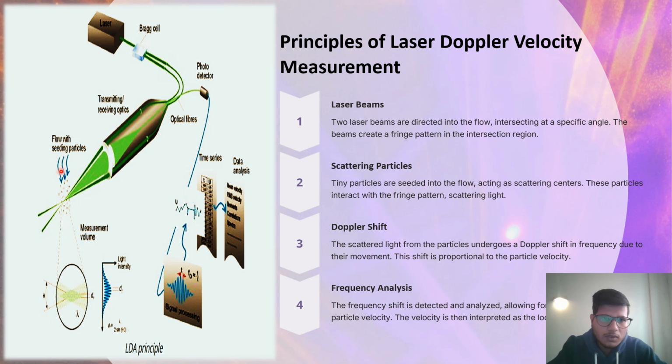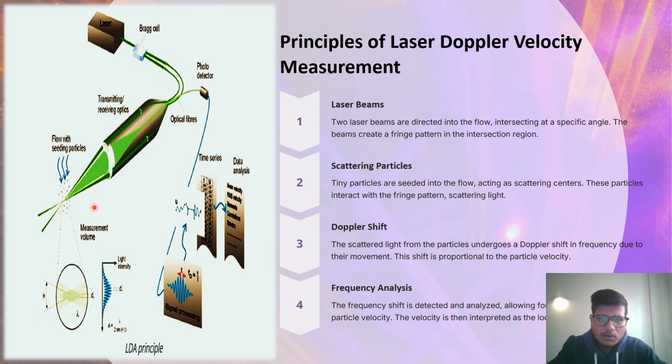There is a flow with seeding particles. These particles are seeded into the flow and act as scattering centers. They interact with the fringe pattern, and because of that there is a shift in the frequency, which is called the Doppler shift frequency.